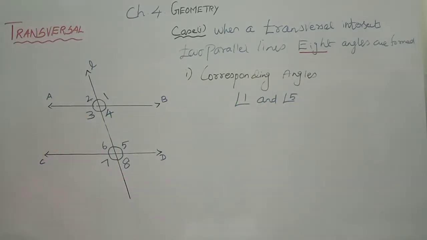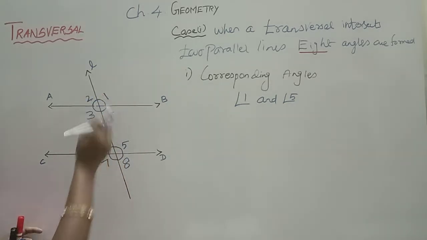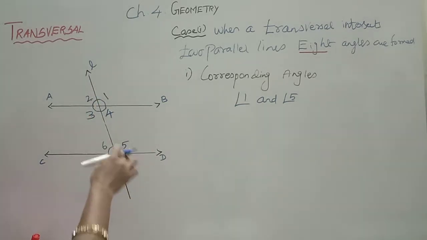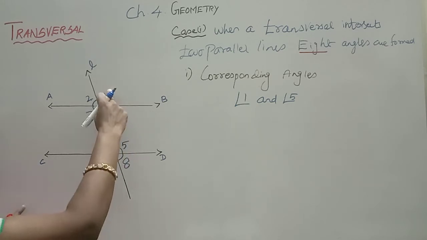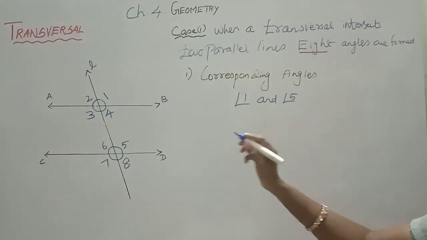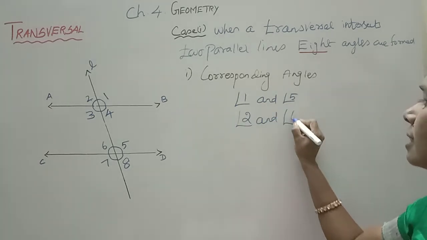Students, you have to write in your notebook. Angle 1 and angle 5 are corresponding angles because both are lying above the parallel lines, on the same side of the transversal.